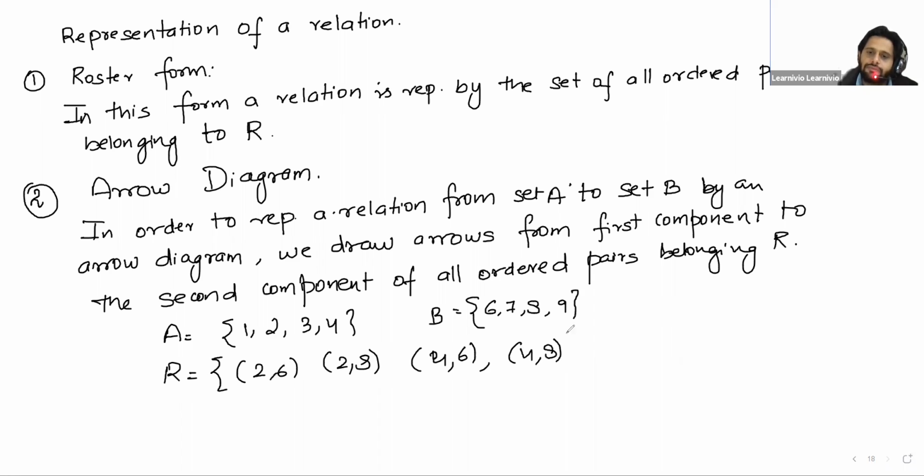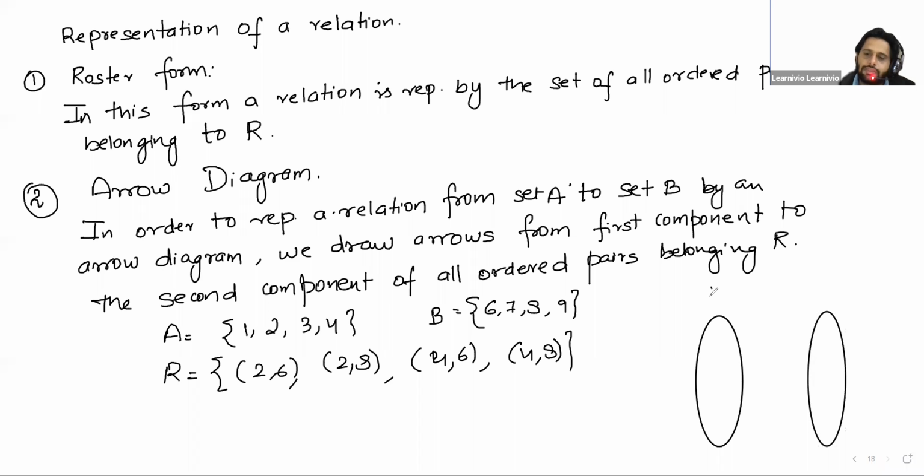On some basis we have selected this relation. Then how can we draw an arrow diagram? You will draw a figure like this, and this is set A and this is set B. In set A write all the values 1, 2, 3, 4, and in set B write 6, 7, 8, 9. Now 2 is related to 6, so join like this. 2 is related to 8, join like this. 4 is related to 6, join like this. 4 is related to 8, like this.